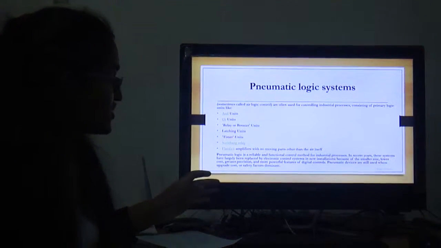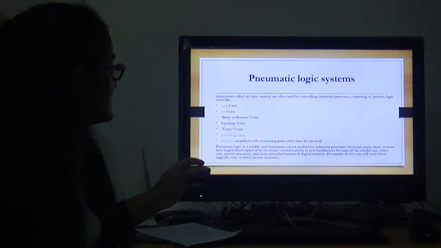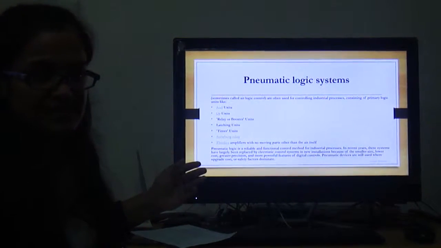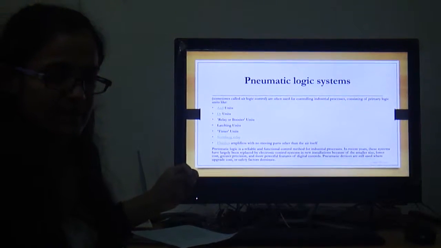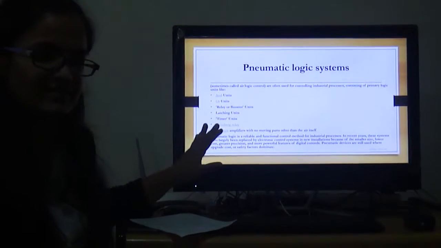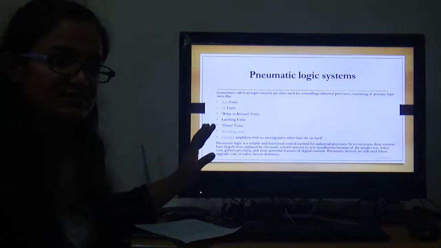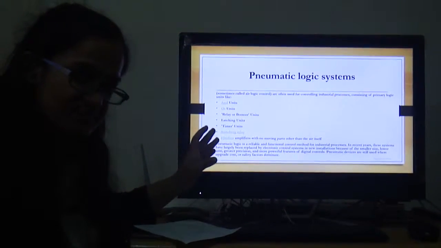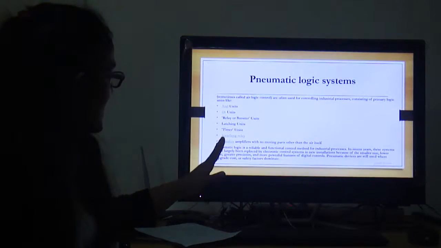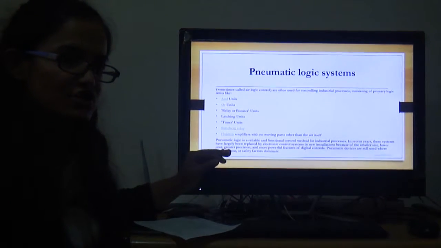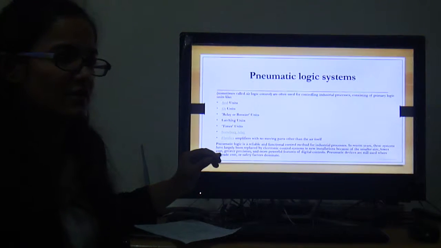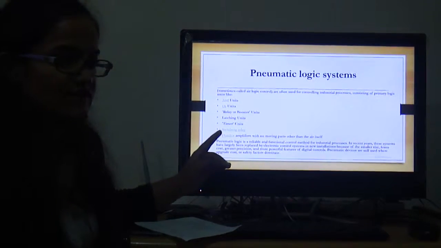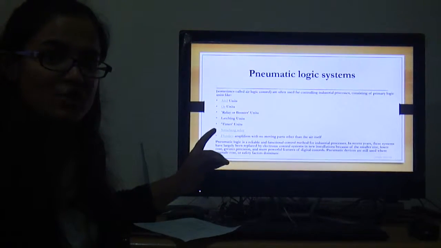Pneumatics also has logic gate systems, and sometimes these logic gates are used in industrial processing. I'm not sure if they really apply this right now, but they're working on it. So we could see a brighter future in pneumatic logic systems. I keep saying logic gates, sorry. And obviously we know that when we talk about logic systems or any digital processing system, we go under units or gates like AND, NOR gates.